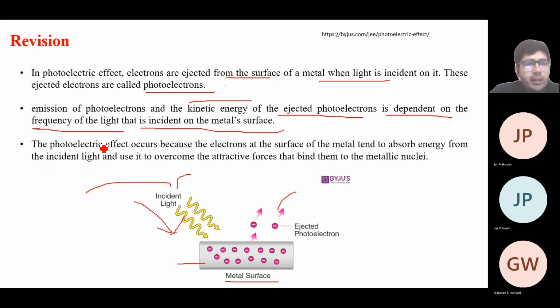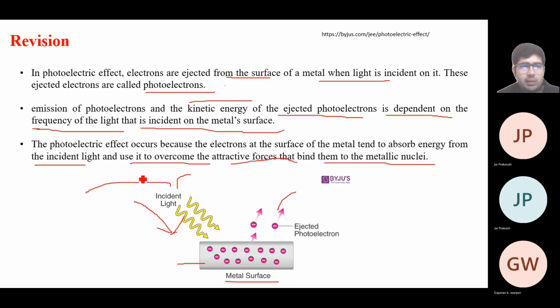The photoelectric effect occurs because the electrons at the surface of the metal tend to absorb energy from the incident light and use it to overcome the attractive force that binds them to the metallic nuclei. Initially, on the metal surface, all electrons are bound to the nucleus.